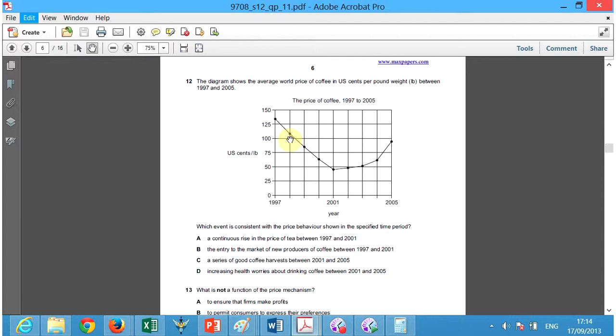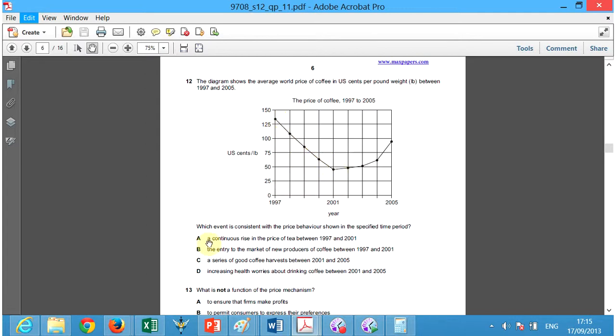So one seller keeps the quantity low and the price is high. Then 2, 3, 4 competitors come into the market, and all of a sudden, more quantity is available. And because there's more available, the price of coffee will fall because the competitors are competing with each other. If they don't sell at the lowest price available, people will leave their store and go to another store. So what you see here is the entry to the market of new producers of coffee between 1997 and 2001, because you see the price falling.